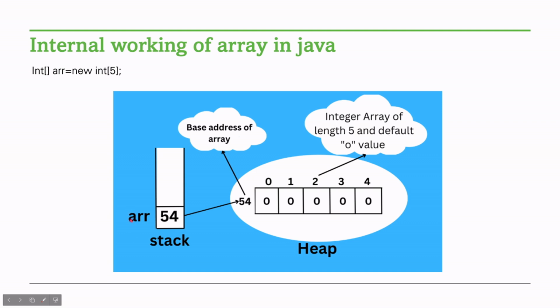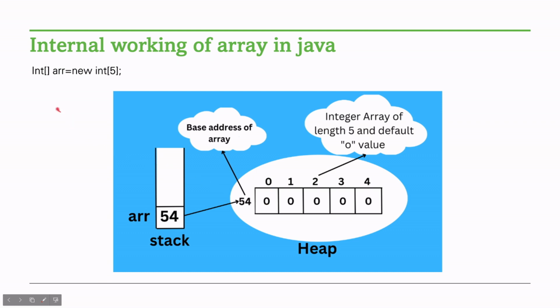Now whenever you declare this array, here we have an array of length 5. In the heap memory, a continuous block of length 5 is assigned to this, and each block will take 4 bytes of space. Now how can we decide that each block will take 4 bytes of space?